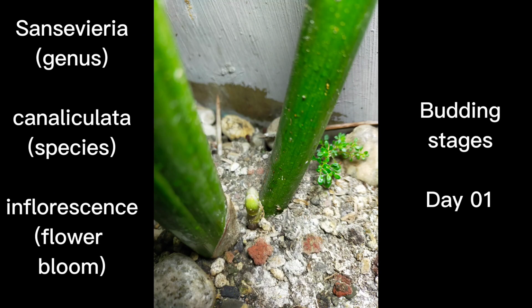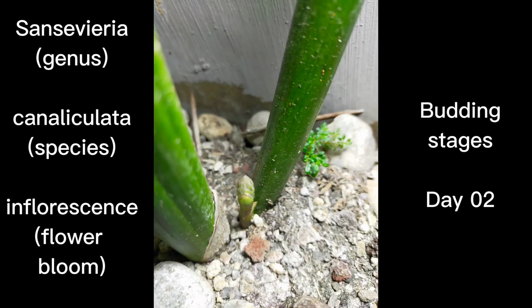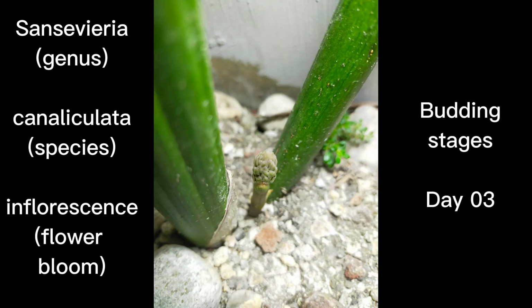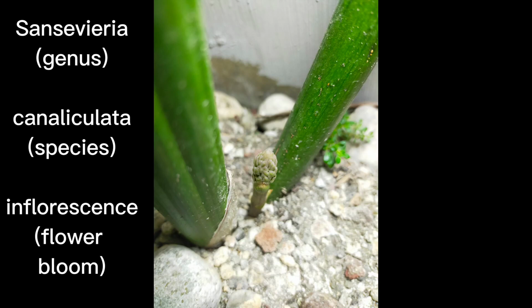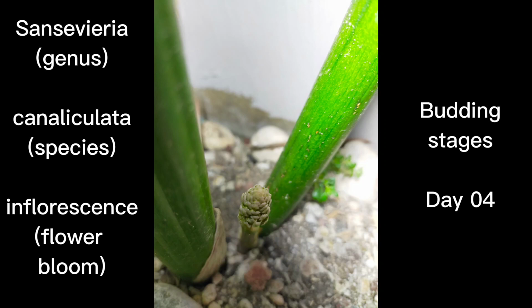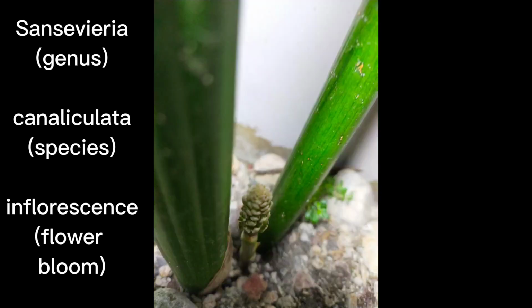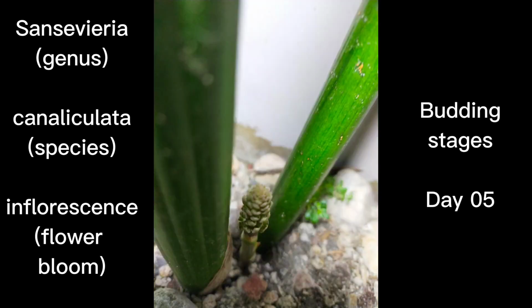For this episode, we're going to feature another inflorescence. This time it's coming from the species Sansevieria canaliculata. We're going to start with day 3. I started taking pictures the moment I saw the budding of the flower stalk, starting with day 1.